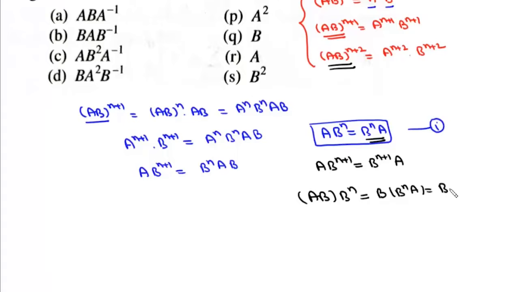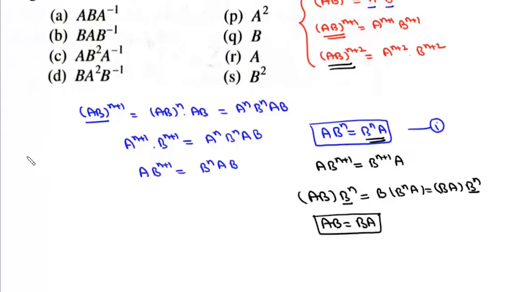So we can write this as ba into b to the power n. Now if we take inverse with b to the power n, then we can simply write ab equal to ba. So from the given condition, we have worked out that ab must be equal to ba.